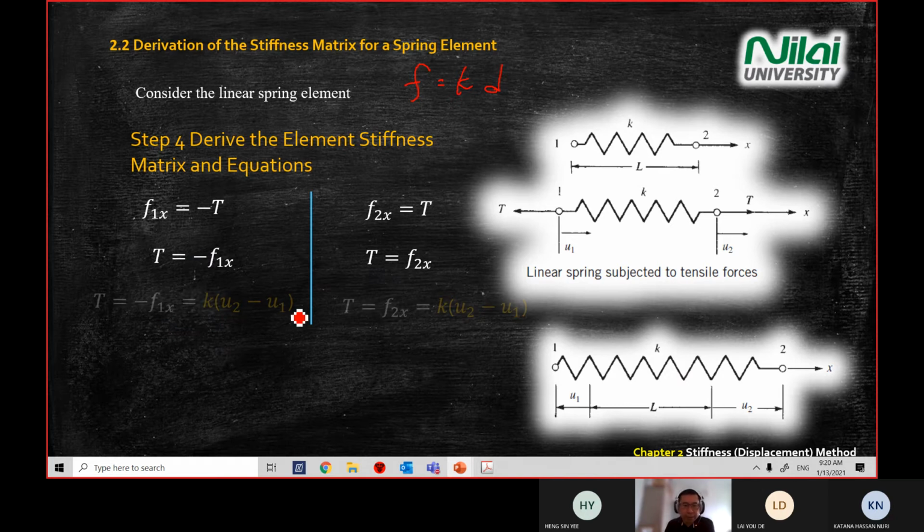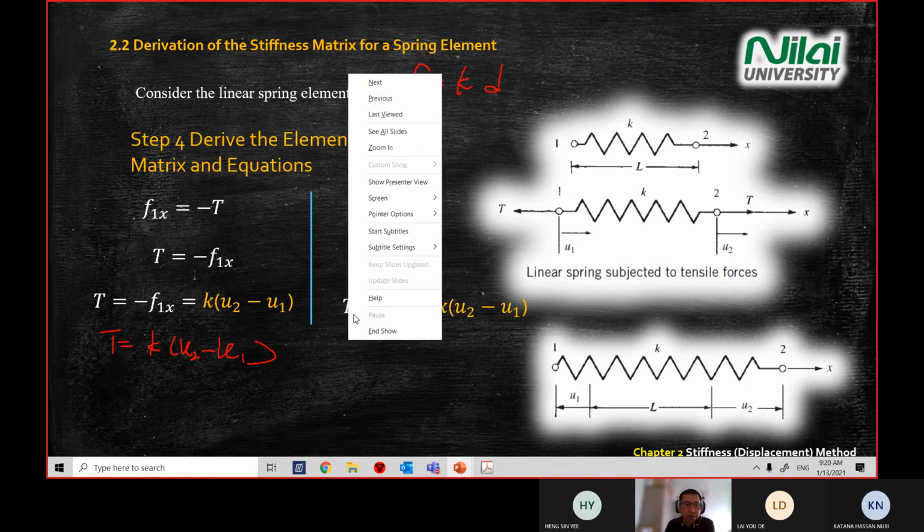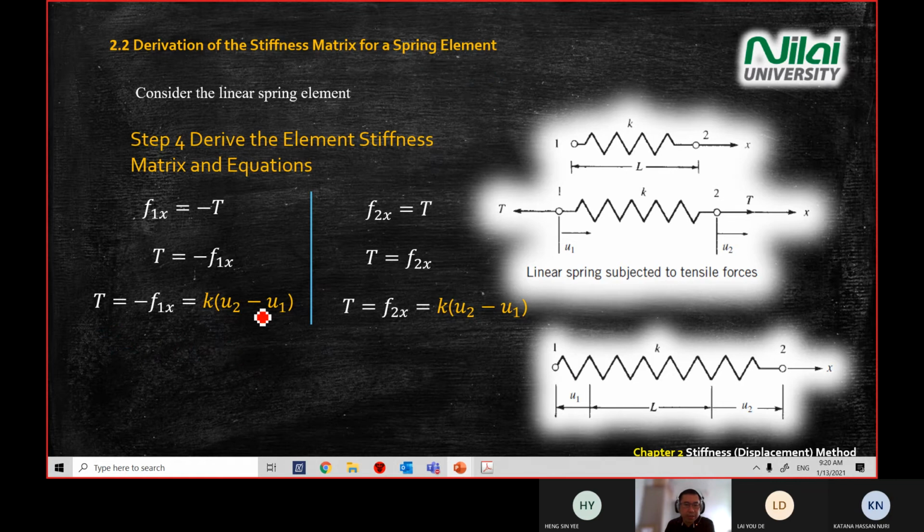Just now we defined our T, T equal to K times U2 minus U1. You just substitute inside the equation. Both sides will give you the same equation, because negative F1x equal to T and F2x equal to T.